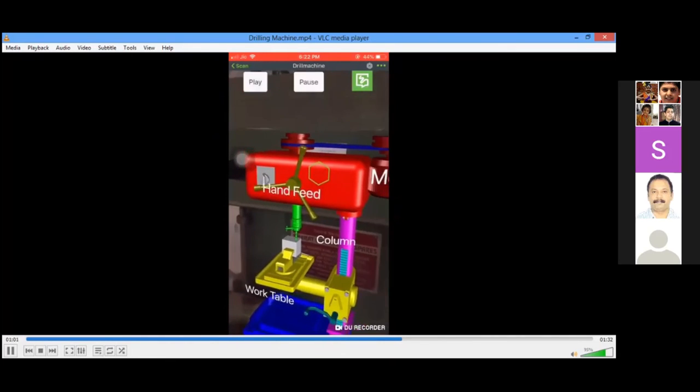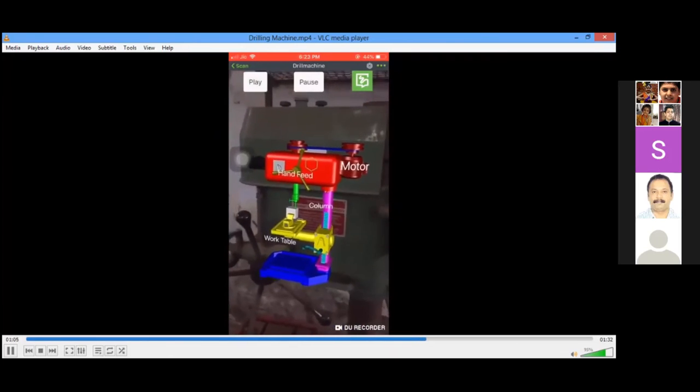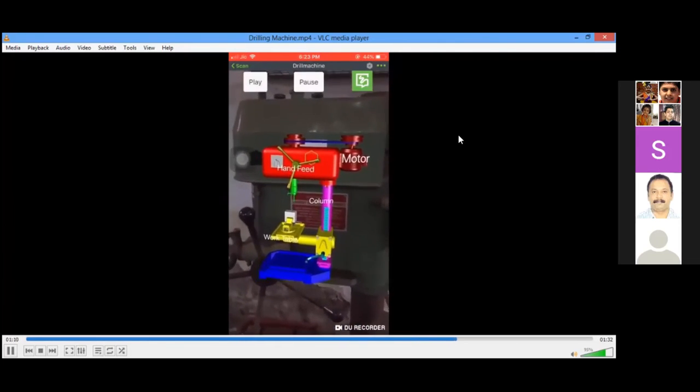So similarly, we did it for the milling machine, drilling machine, lathe machine, and so on and so forth.